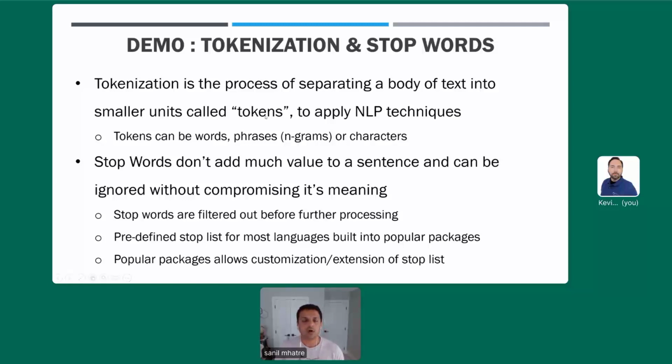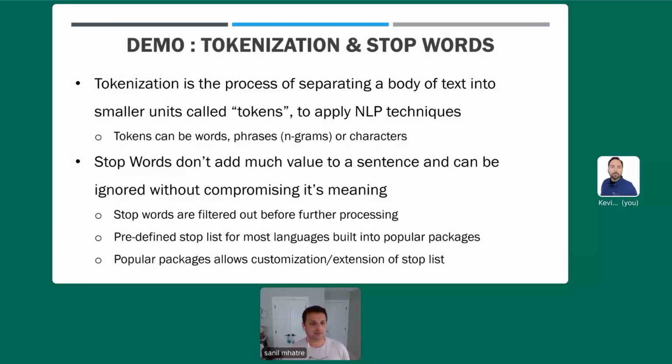Next, we'll talk about stop words. Stop words typically are the most commonly occurring words in the language that don't have a lot of value, that don't have a lot of meaning. So think prepositions, think conjunctions, words like a, the, an, or, and.